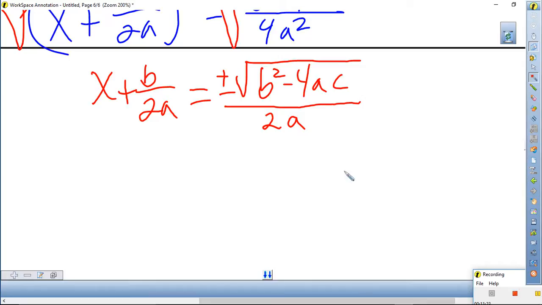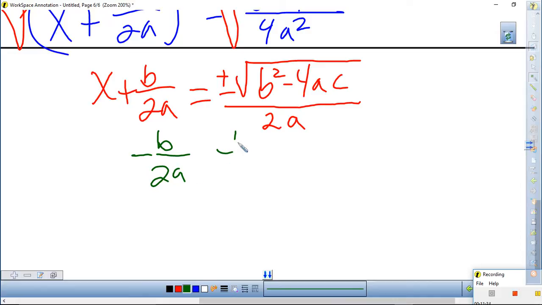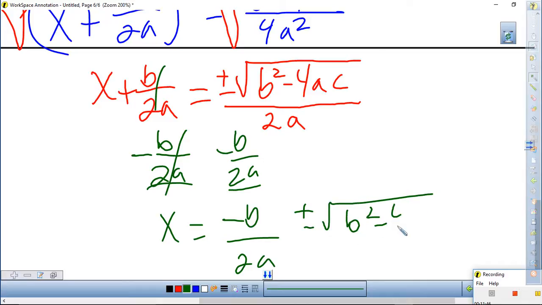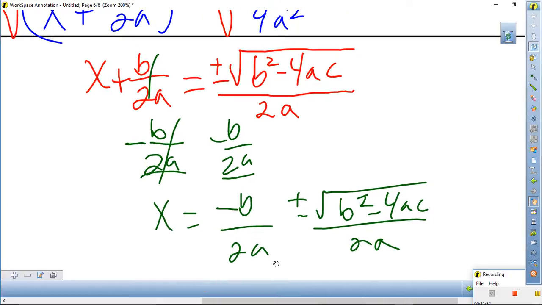Okay, let's solve for x. What do I need to do here, everyone? Subtract b over 2a. And we're left with x equals minus b over 2a, and then the other fraction is plus minus the square root of b squared minus 4ac over 2a. Do you see how we have two fractions here?